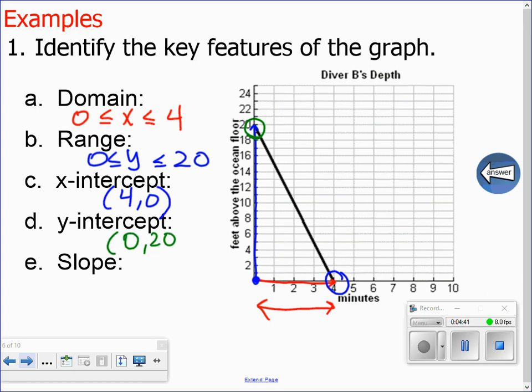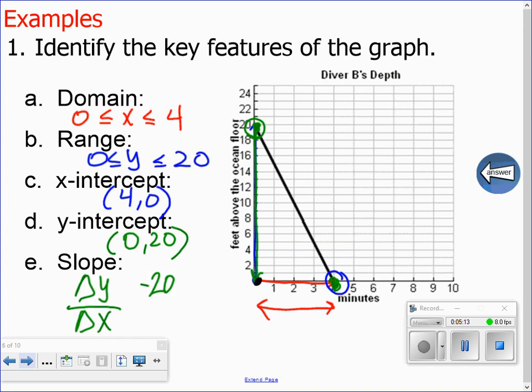If we want to find the rate of change, we would look at the change in the x's and the change in the y's. So remember, we're looking at change in y over change in x. So we go from one point to the next. So here's 2 points that I know are on my graph. If I look at my change in my y's, I'm decreasing, going down from 20 to 0, so that would be a negative change of 20.